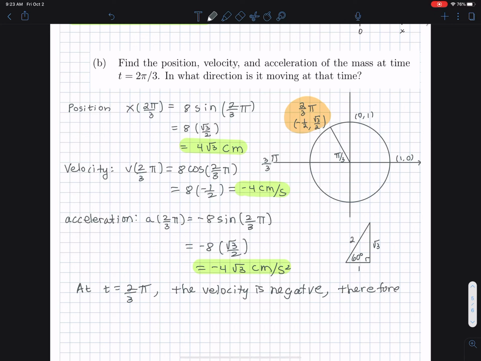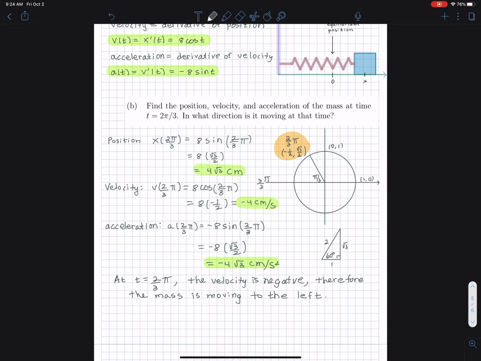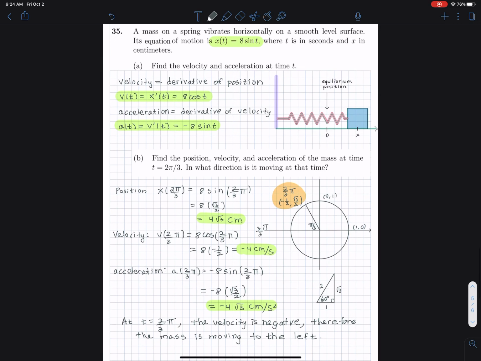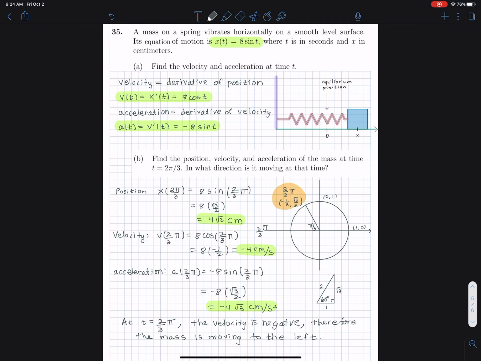The velocity is negative 4 centimeters per second. Therefore, the mass is moving to the left, because the left is the negative direction. Notice that the position is positive, so that means that the mass is to the right of the equilibrium.